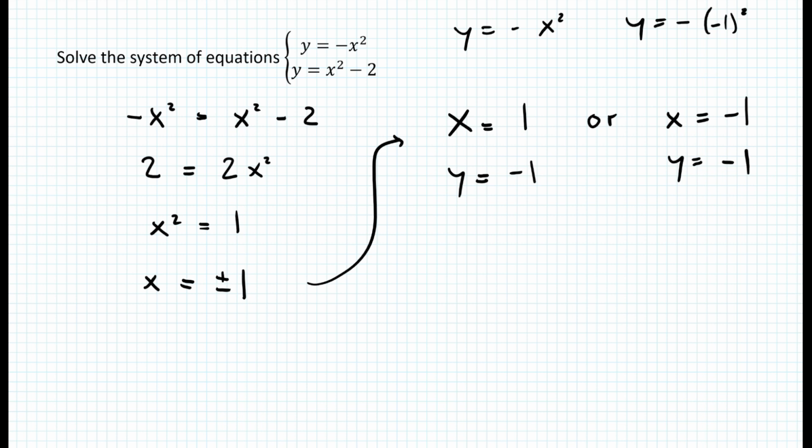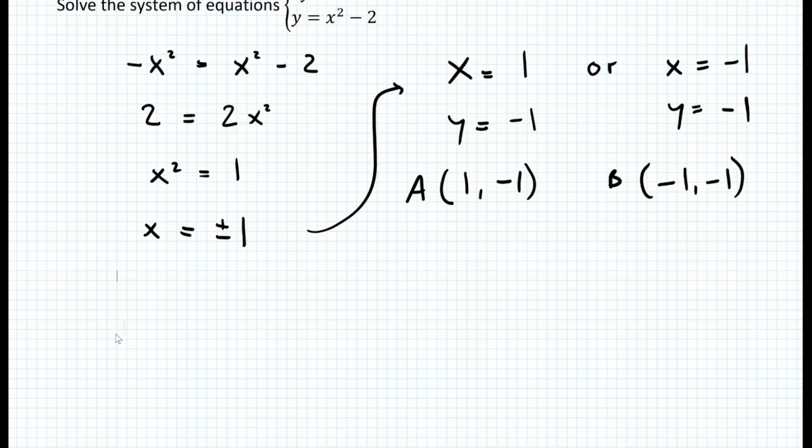So it seems a little strange, but it turns out that the points of intersection are going to be 1, negative 1, which we'll call point A, and point B is going to be at negative 1, negative 1. So how's that possible? Well, here we have 2 different x values, but the same exact y value.